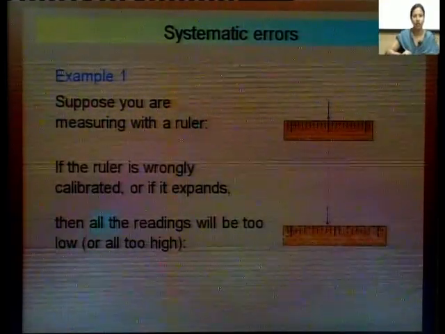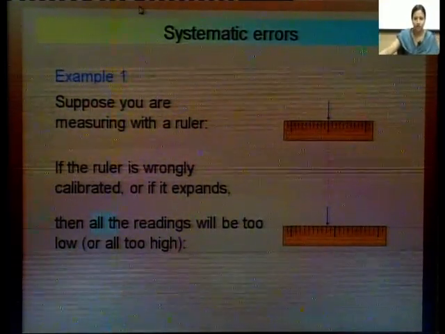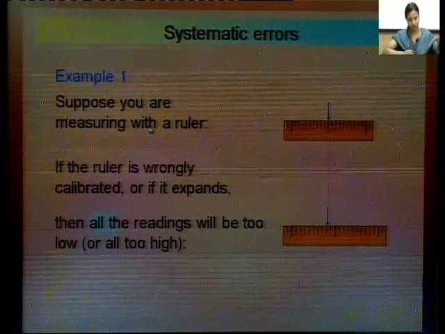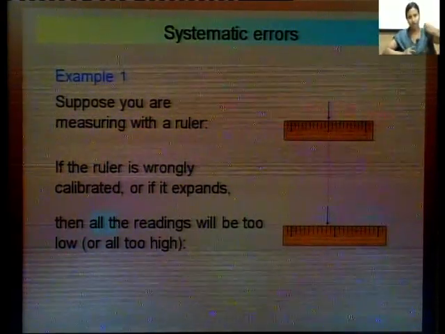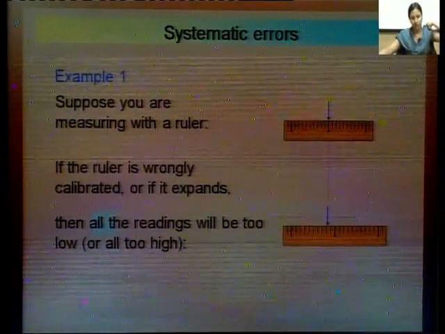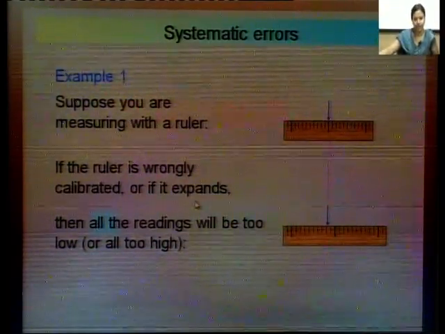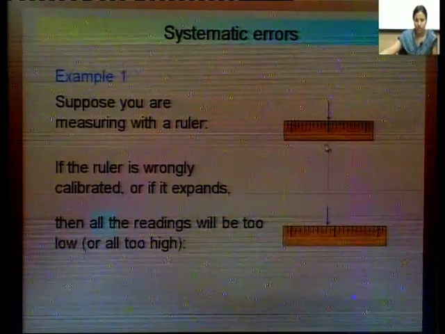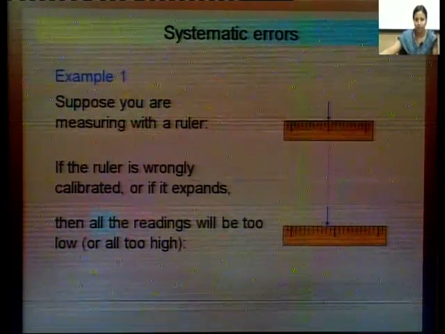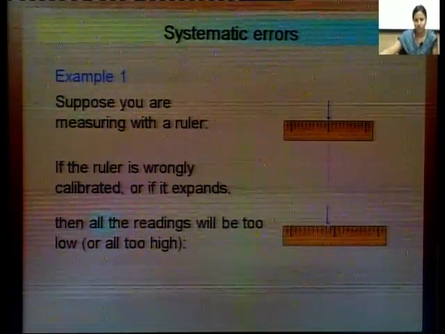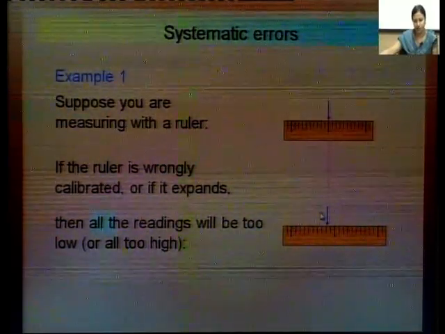So let us look at some examples of systematic error. First example is, suppose you are measuring with a ruler. If the ruler is wrongly calibrated or it expands, so if the actual length is this, but it measures here, this is the systematic error.